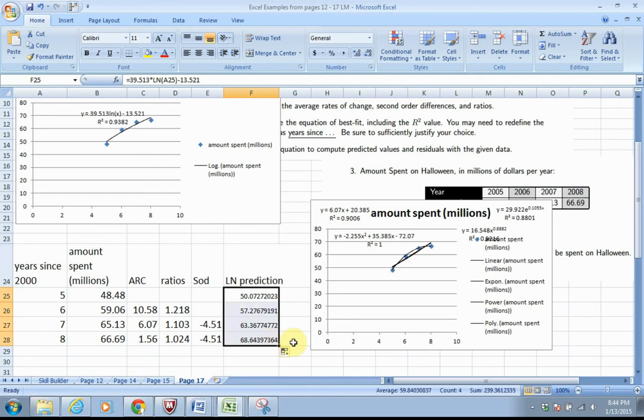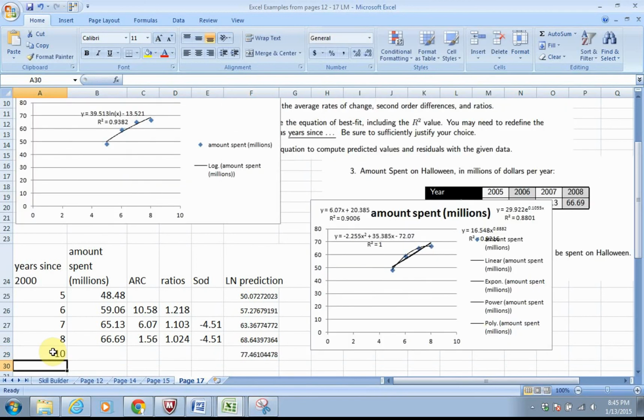So in this column where we're seeing our predictions, we can see that the values we're getting are in fact pretty close to our actual data. If we wanted to determine our value in 2010, which is what I believe this question is asking, we would type in 10, and it gives us approximately 77.46 million.